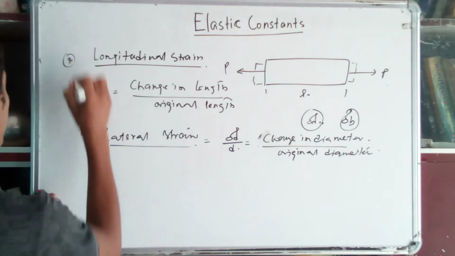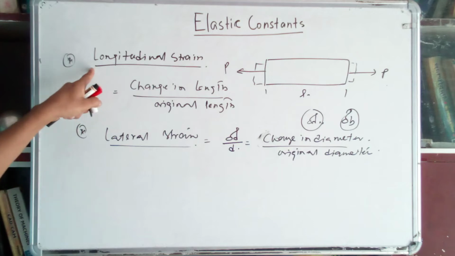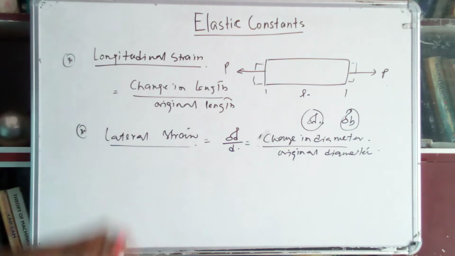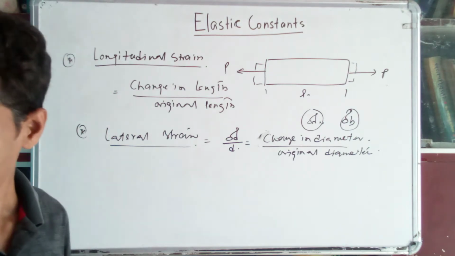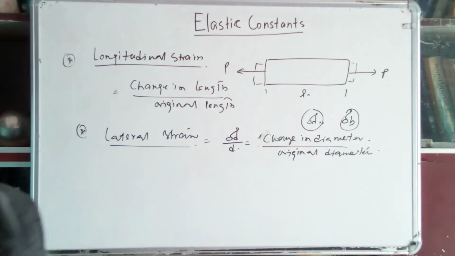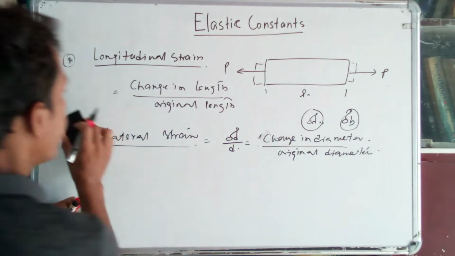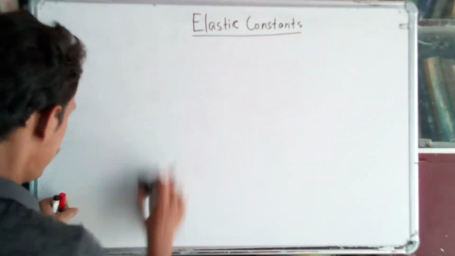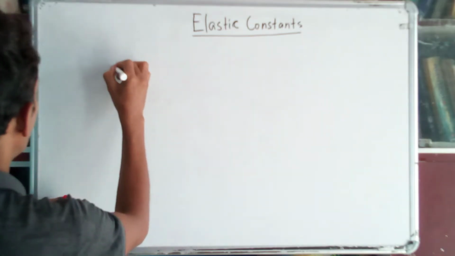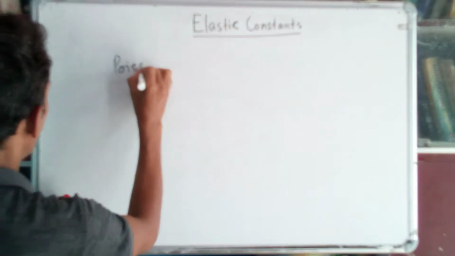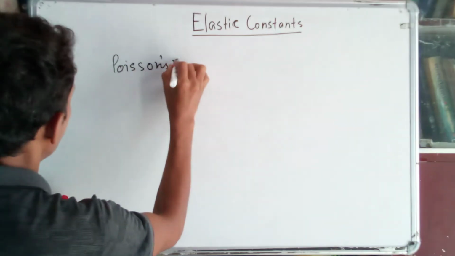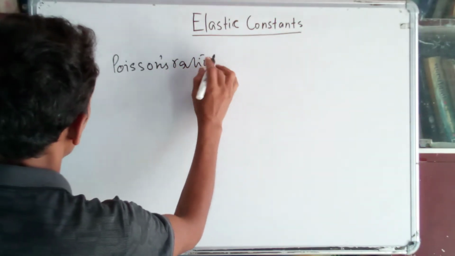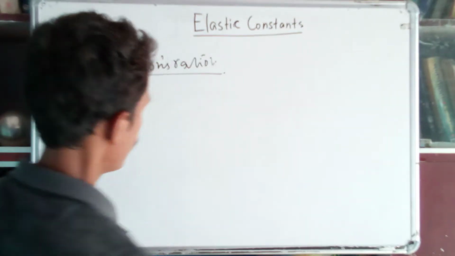Now we'll go for the relation between the longitudinal strain and lateral strain. The relation between the longitudinal strain and the lateral strain is Poisson's ratio.